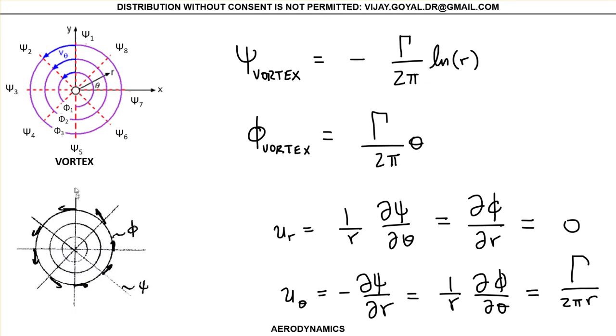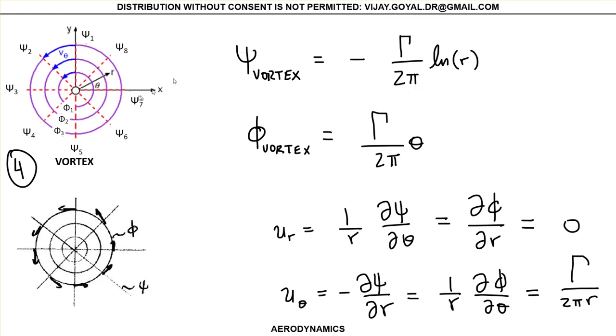Number 4 is the vortex. Vortex, you can think like a hurricane or a tornado, and it is swirling, right? The only velocities that you have are in the theta direction, nothing in the radial direction. So in this case, the vortex is equal to minus gamma over 2 pi.